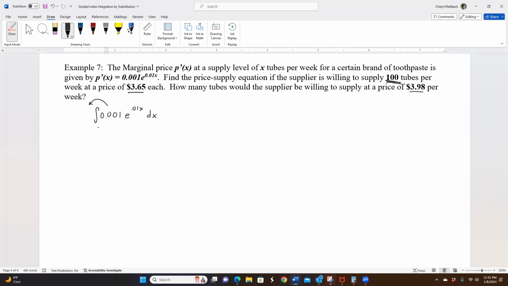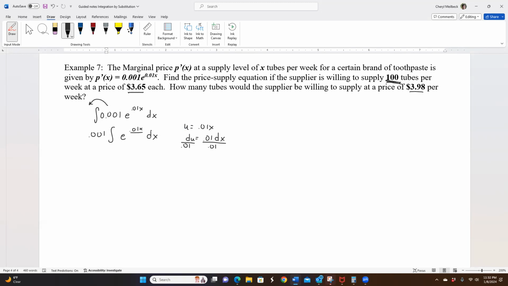When you have a constant, we move it out front, so we have 0.001 times the integral of e to the 0.01x dx. When we integrate using substitution, we let the inside function be our u, so we'll say u is 0.01x, then du would be 0.01 dx. So we don't have the 0.01 here, so what we're going to do is divide both sides by 0.01.